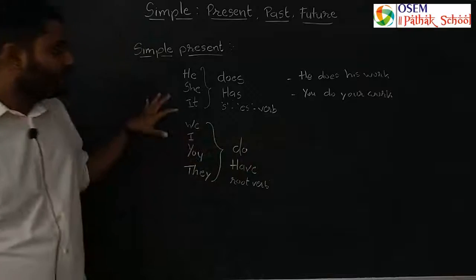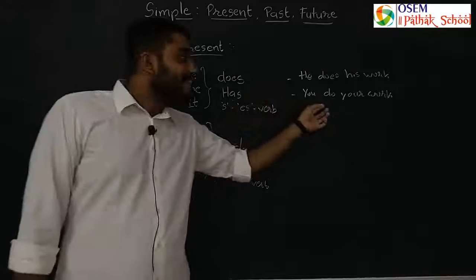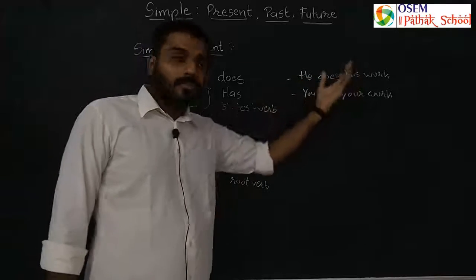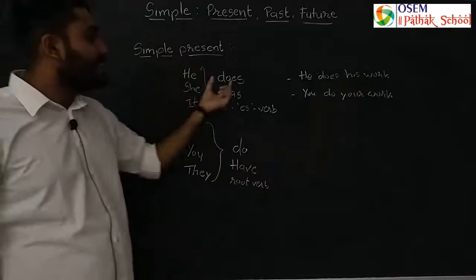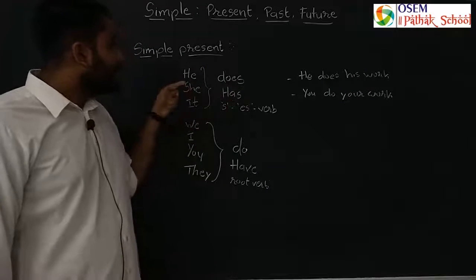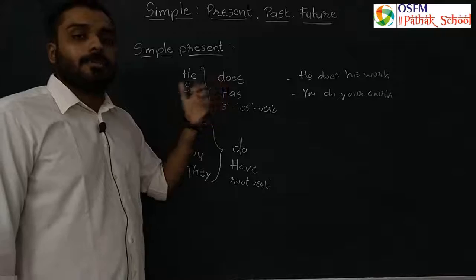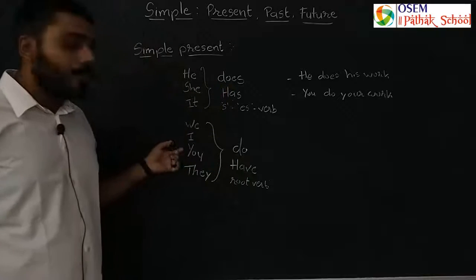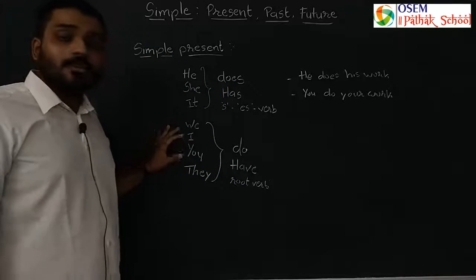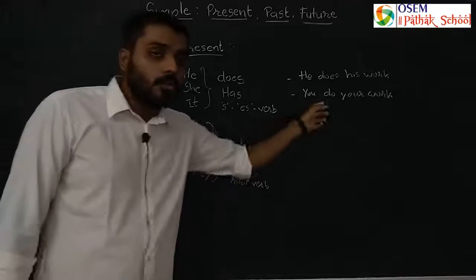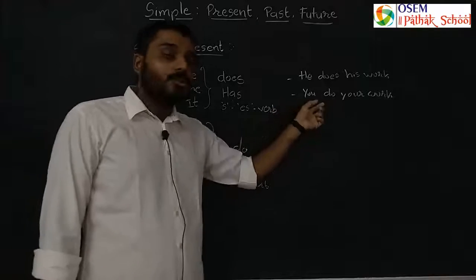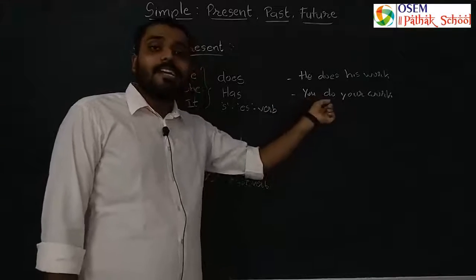Likewise, the structure of all these will be like this. He does his work. So with he, she, it, we use does. He does, she does, it does. But with I, we, you and they, with all these four, we will use do. You do, I do, we do, they do.